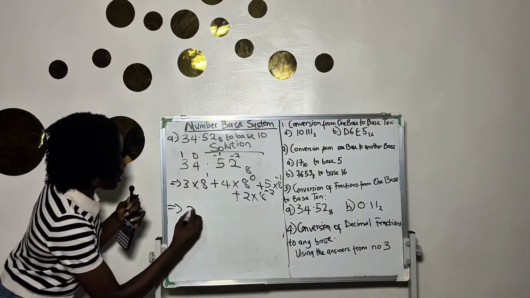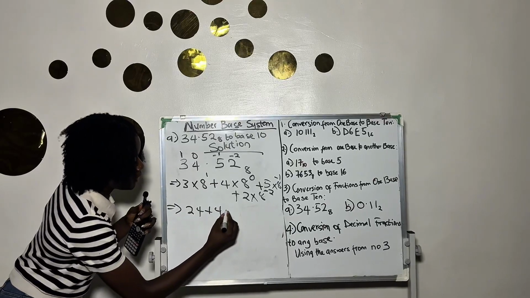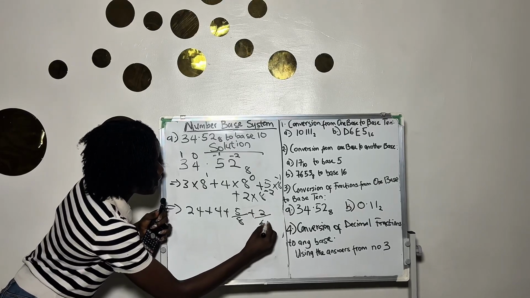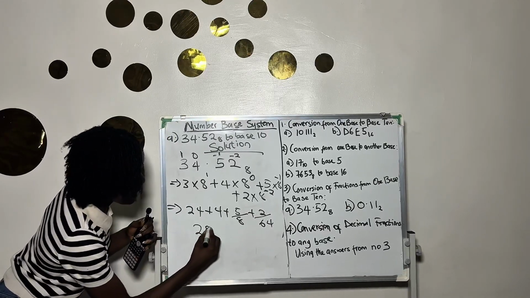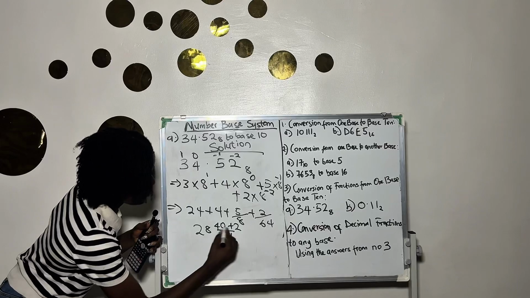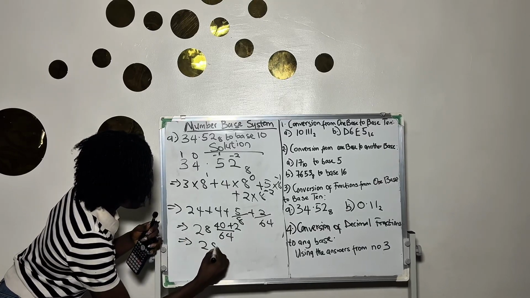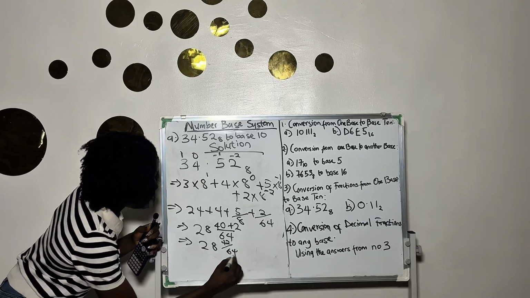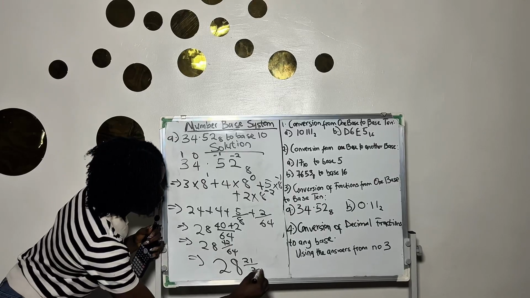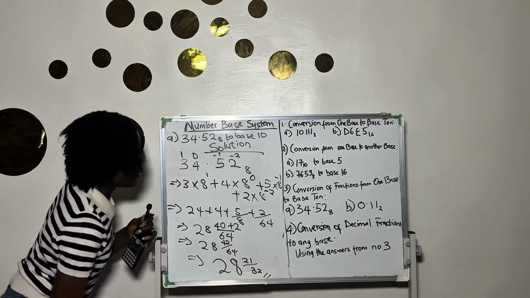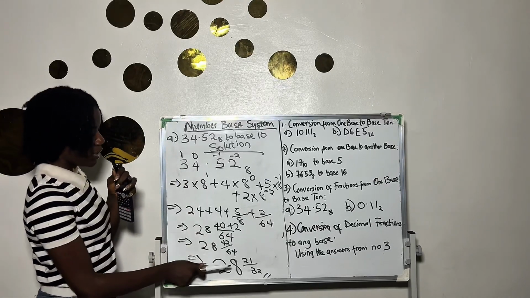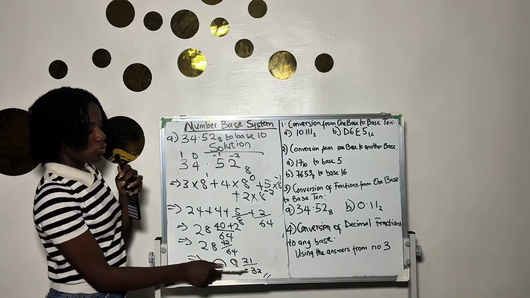This will give us 24 plus 4 decimal, 5 over 8 plus 2 over 64, giving us 28, 42 over 64, which is 28 whole number, 21 over 32 base 10. So we have successfully converted 34.52 base 8 to base 10, which is 28 whole number, 21 over 32.